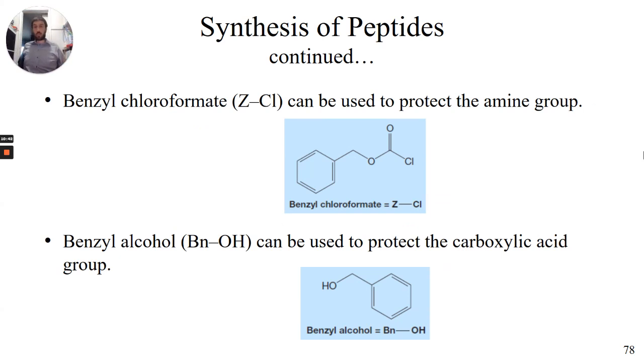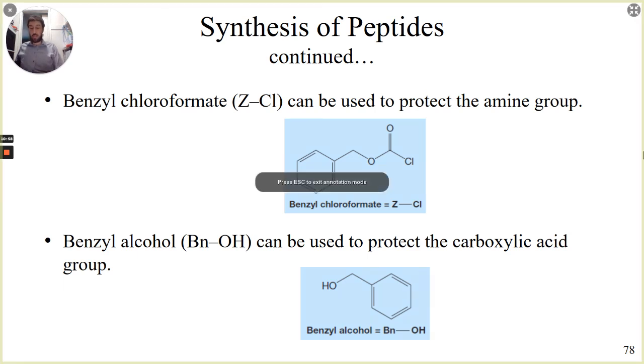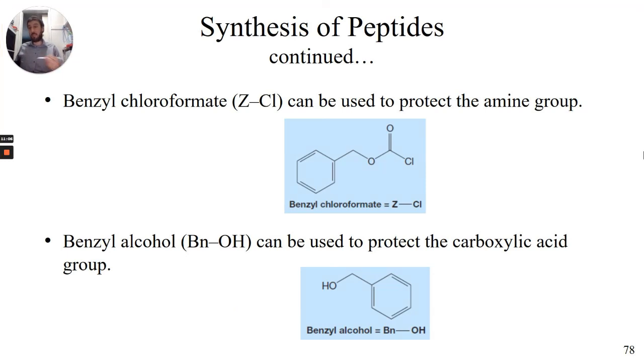So protecting groups, yay, more things you could throw in there. So our benzyl chloroformate, it's just a name, it's just a thing. It protects the amine. Okay? The benzyl alcohol can be used to protect the carboxylic acid. The alcohol one was actually already addressed in that protecting group video just a little while ago, that last video you watched.